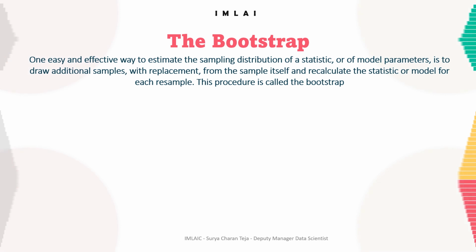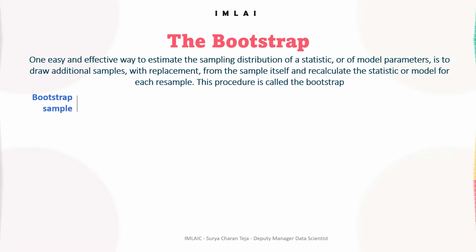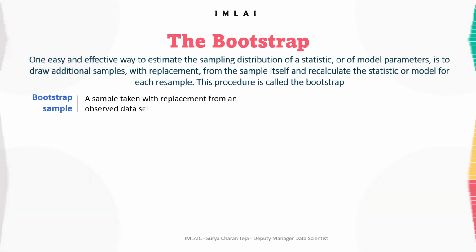So we have two important key terms for the bootstrap. One is the bootstrap sample. A sample taken with replacement from the observed data set is called a bootstrap sample. The key word to remember is with replacement. Till now, whatever samples we have taken were all without replacement.